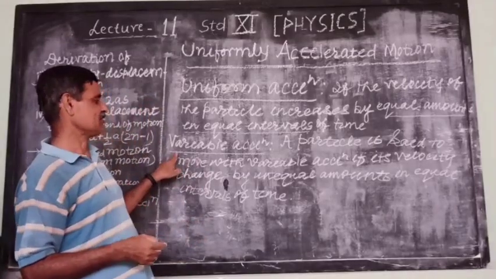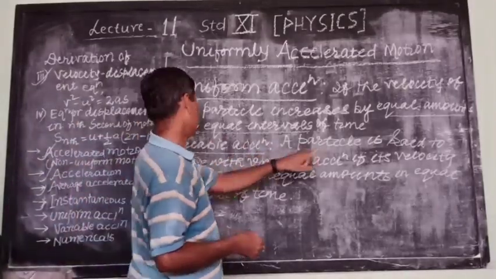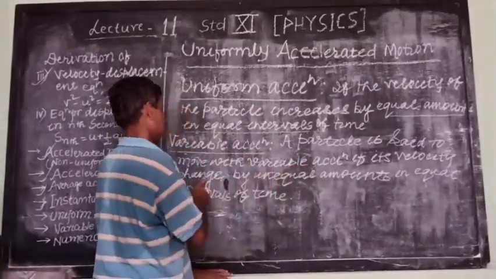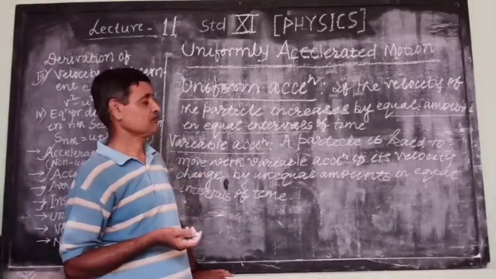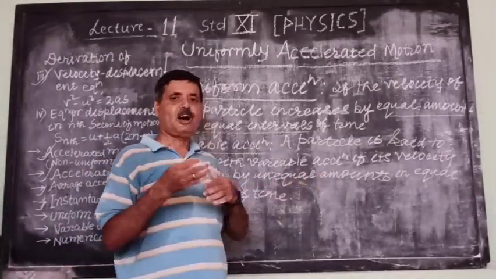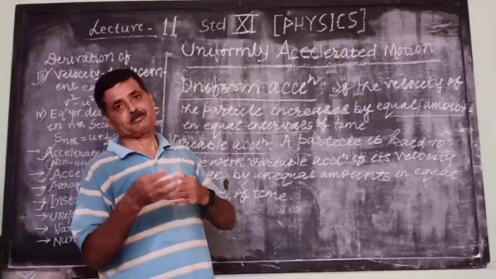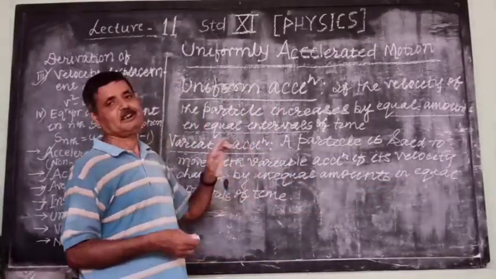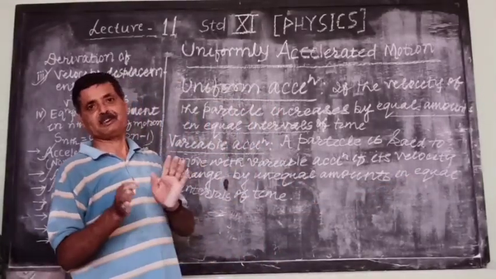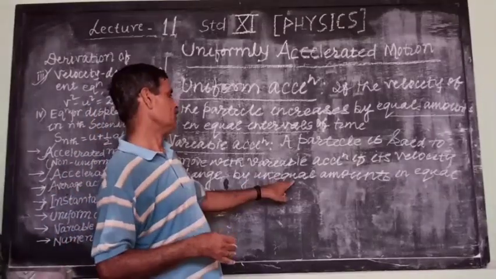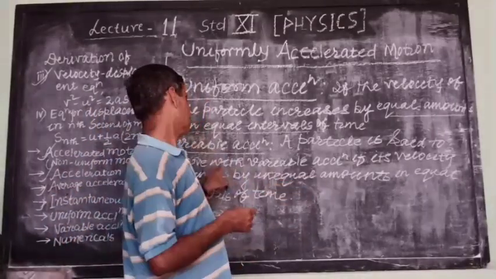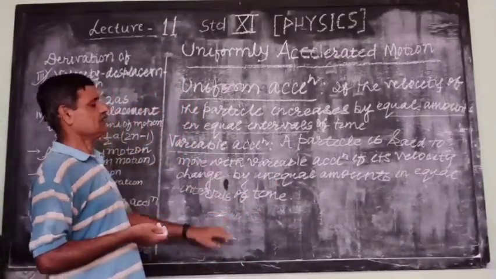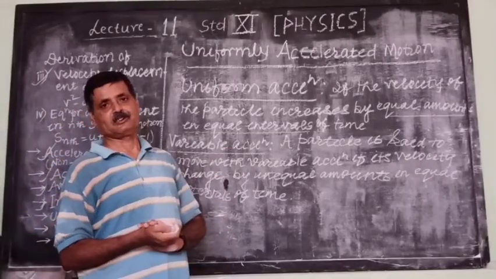But in the other case, a particle is said to move with variable acceleration if its velocity changes by unequal amounts. It means velocity changes by unequal amounts but in equal intervals of time. The time interval is the same but velocity is changed by unequal amounts. That is why it is called variable acceleration.